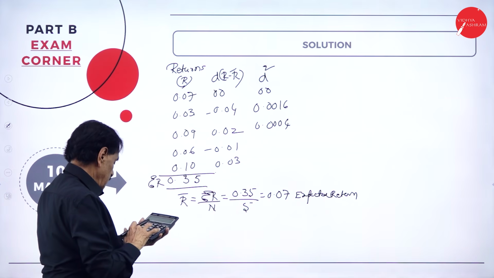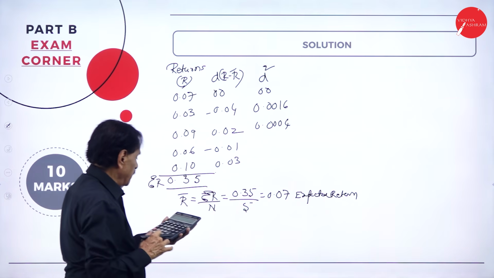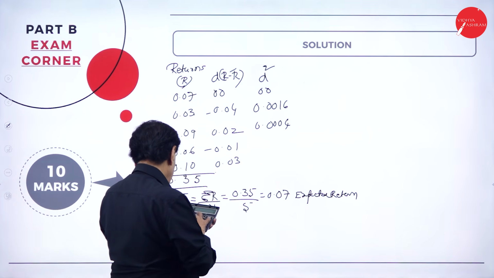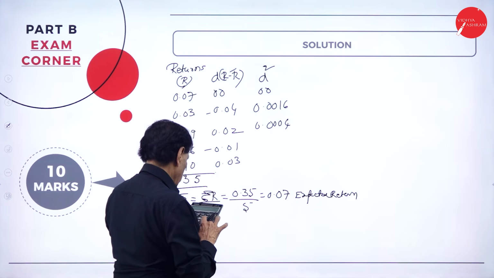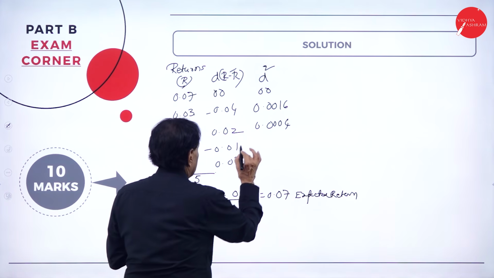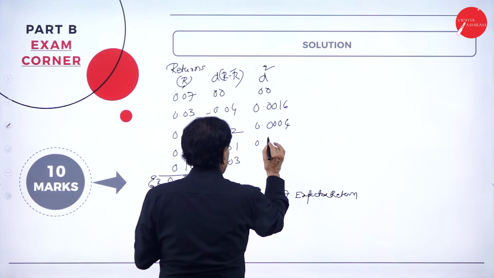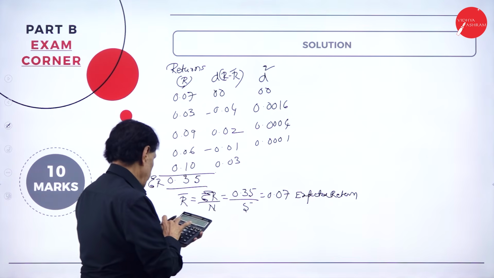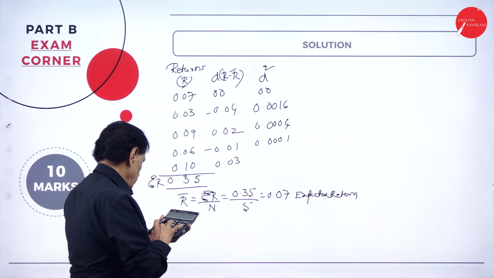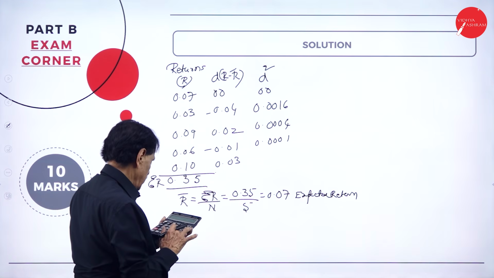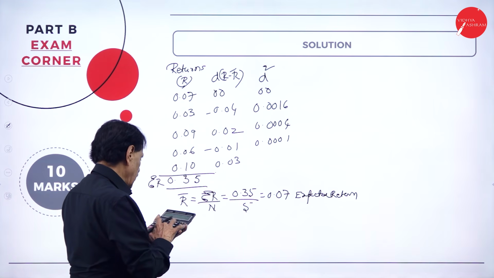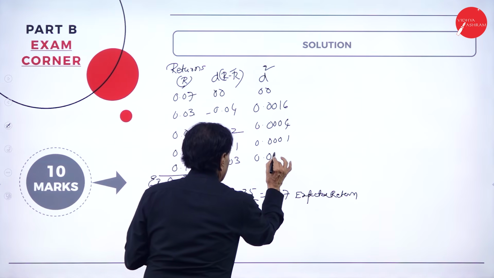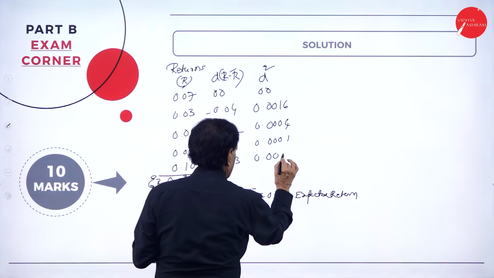Then 0.01 into 0.01, 0.0001. Then 0.03 into 0.03, 0.0009.